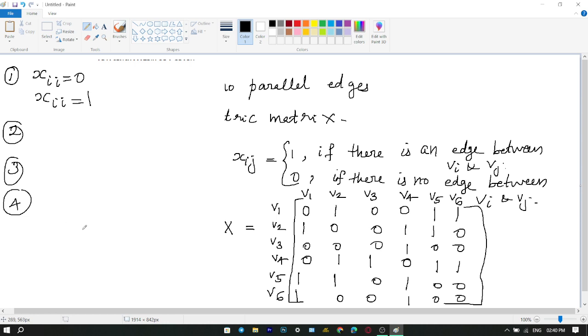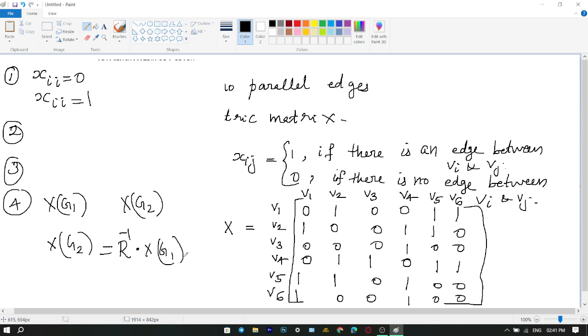Hence, two graphs G1 and G2 with no parallel edges are isomorphic if and only if their adjacency matrices X of G1 and X of G2 are related by the relation X of G2 equals R inverse dot X of G1 dot R, where R, capital R, is the permutation matrix.